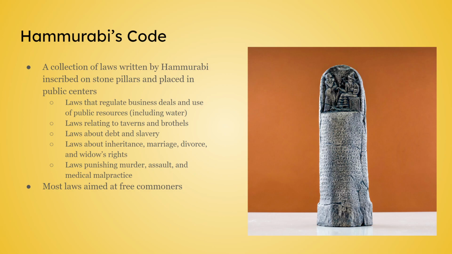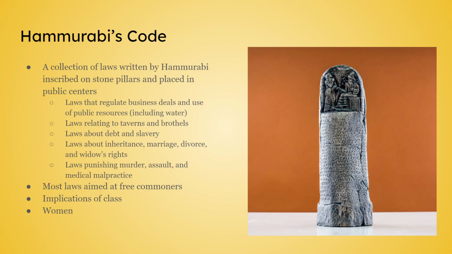If a physician performs a surgery with a bronze lancet upon a slave of a commoner, and thus causes the slave's death, he shall replace the slave with a slave of comparable value. If he opens the commoner slave's temple with a bronze lancet, and thus blinds his eye, he shall weigh and deliver silver equal to half his value. So that's interesting. So that should show you the implications of class.